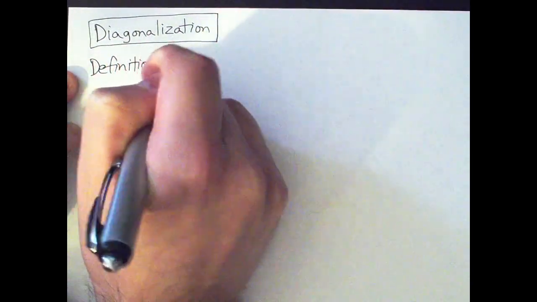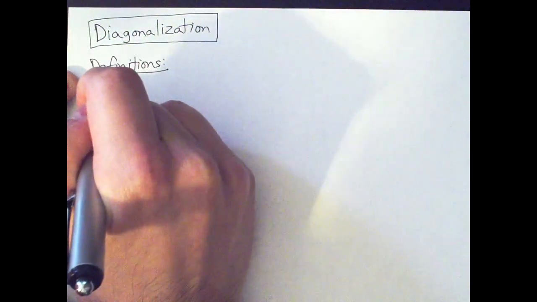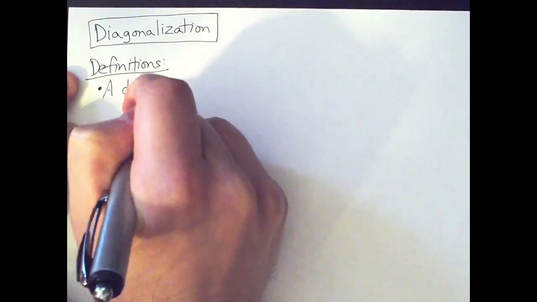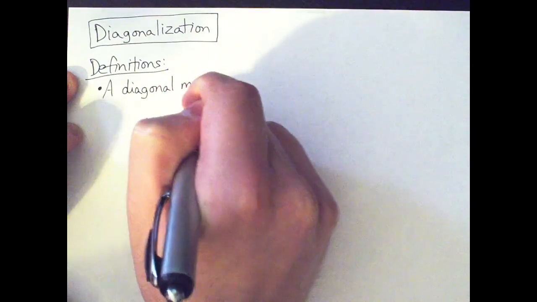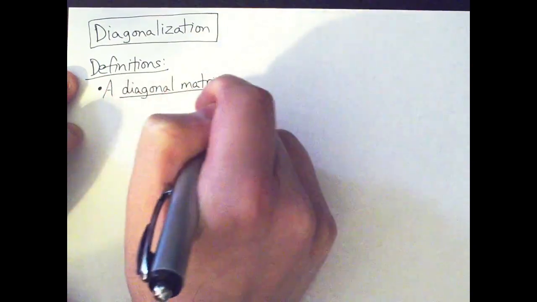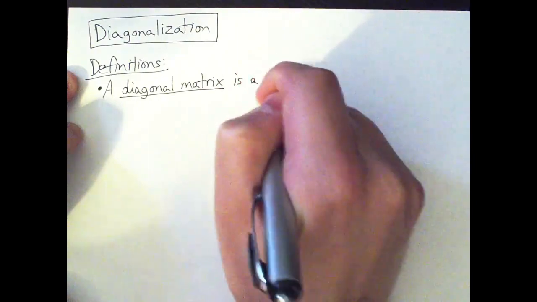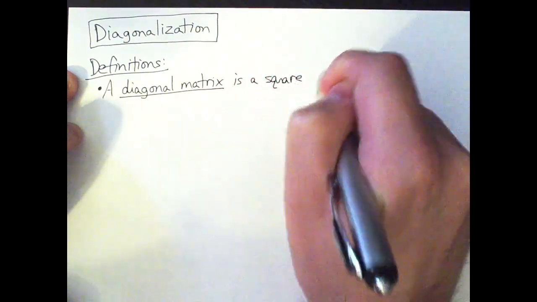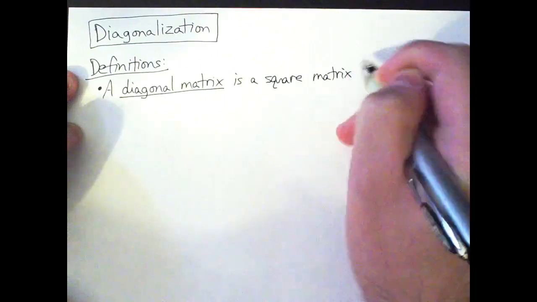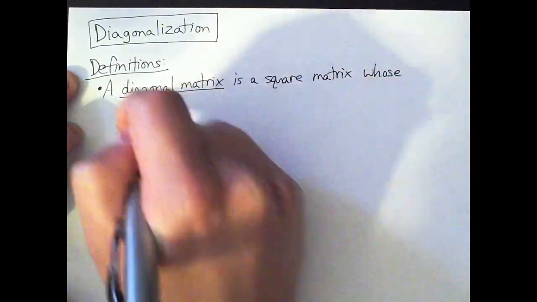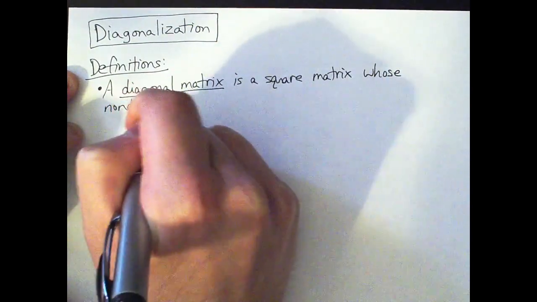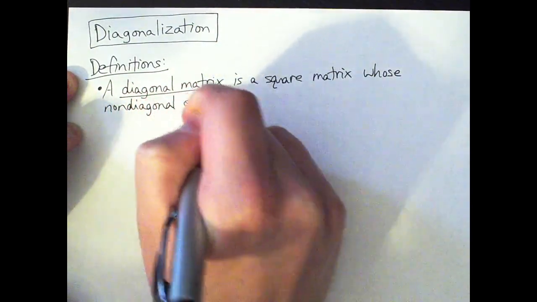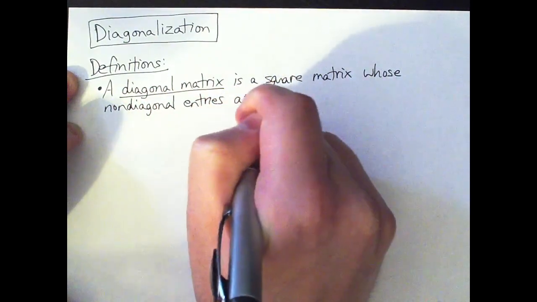All right, so diagonalization. We're going to start this section with some definitions right away. Definitions. We're going to say a diagonal matrix is a square matrix whose non-diagonal entries are all zero.